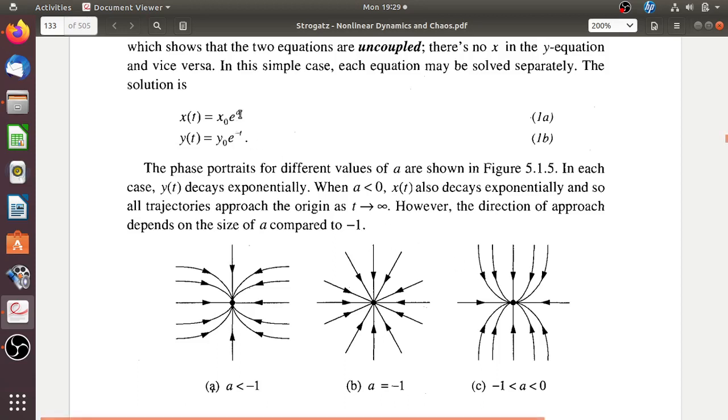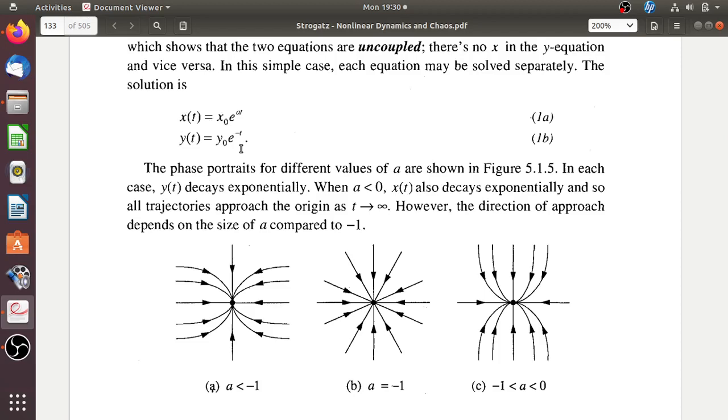Now what if A is exactly equal to 0? Then the whole term e to the power of At will be 1, so x of t is always equal to x naught. It means there isn't any change in x value, but the y value is diminishing.